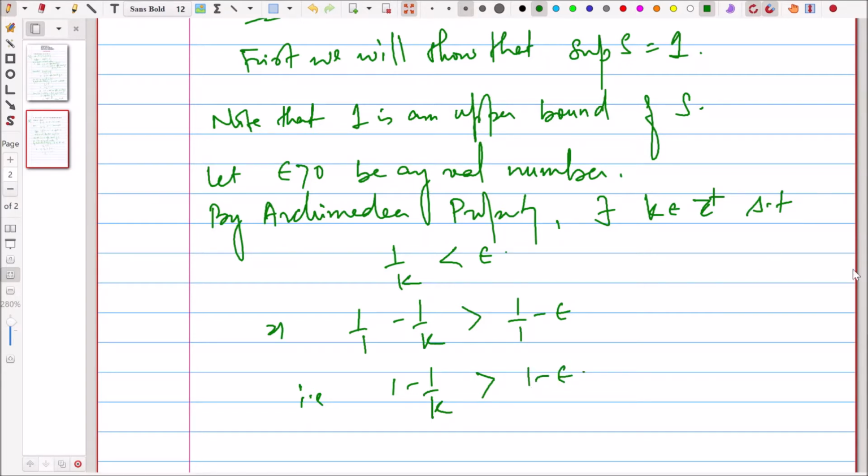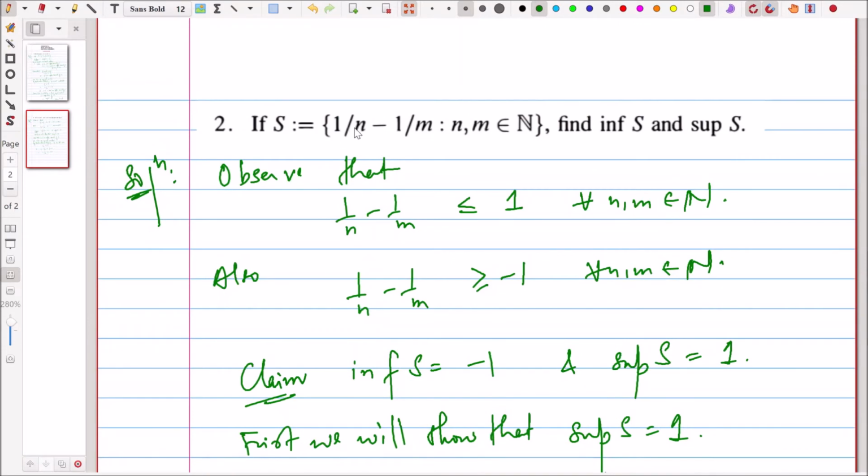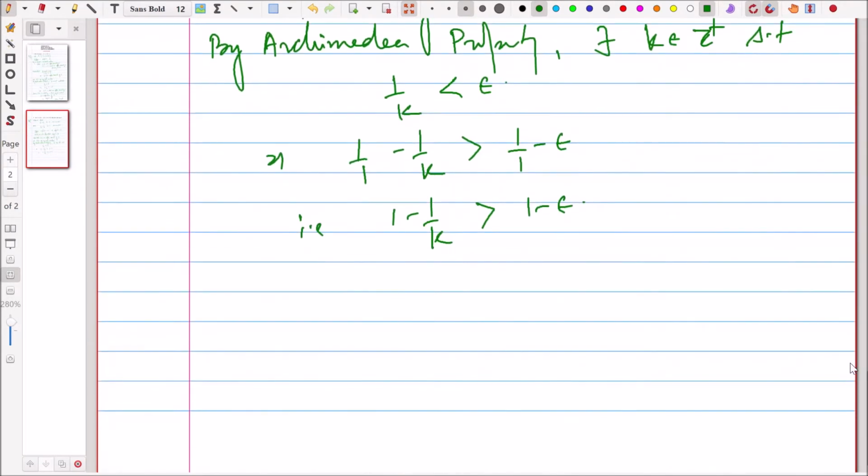Now 1 minus 1 by k, we are taking n equal to 1 and m equal to k. So this is a member of S, because S is the collection of all the elements of the form 1 by n minus 1 by m. So we take n equal to 1 and m equal to k.